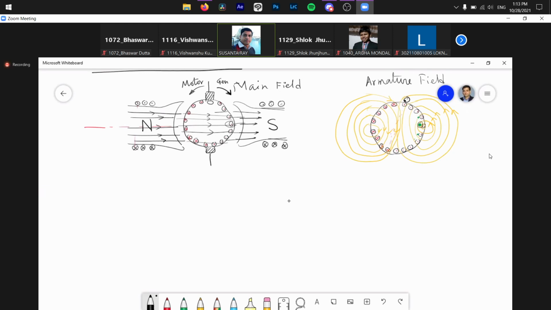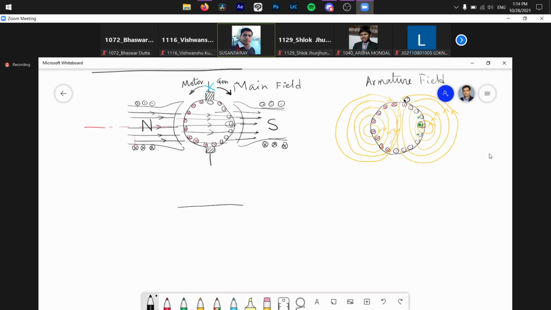Okay, now what I will do, I will cut it somewhere. Suppose at this point. I will cut it here, and as if it is an elastic band, I will stretch it. So it will give me a linear distribution like that.